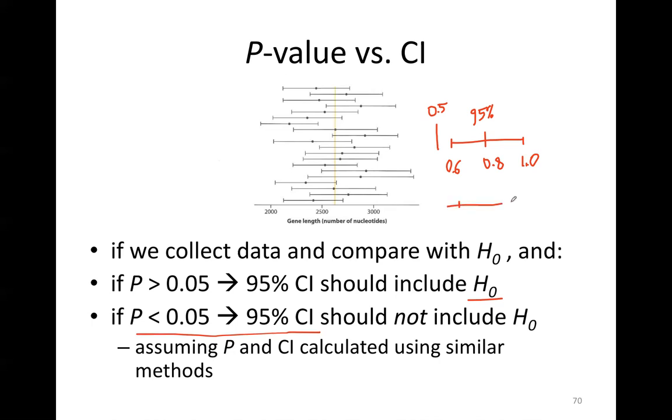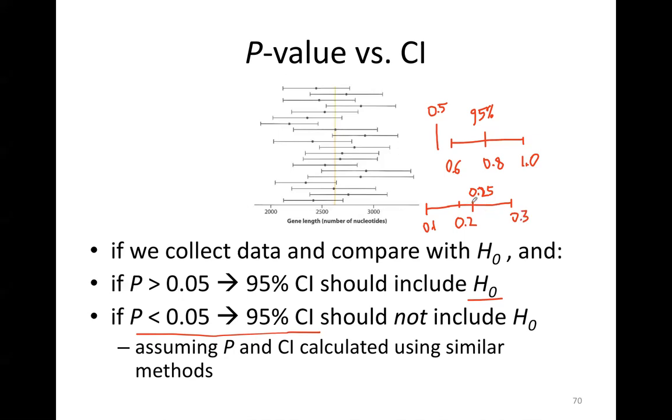There the proportion was something like 1 in 4, let's say 0.2, and the expected value was 0.25, and the confidence interval extended from 0.1 to 0.3.